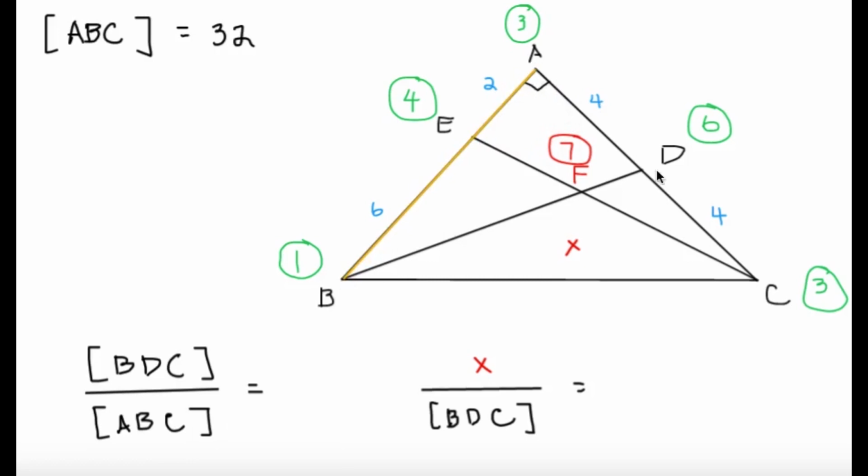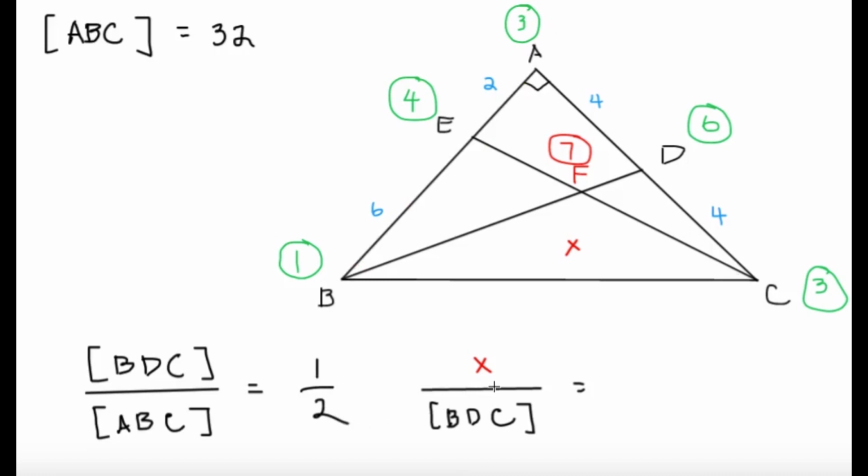This yellow segment is the height to both triangles ABC and BDC, so we just compare their bases. The ratio of the base of BDC, which is DC, to the base of triangle ABC, which is AC, that's going to be 1 is to 2.